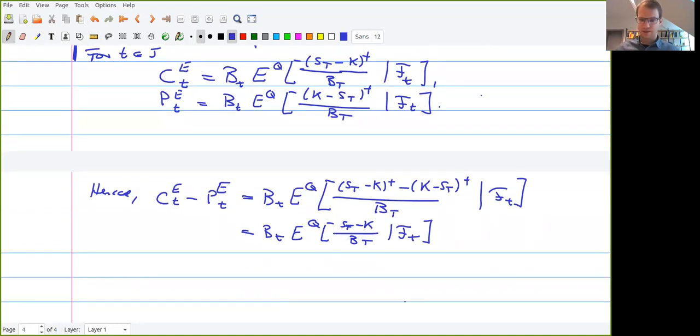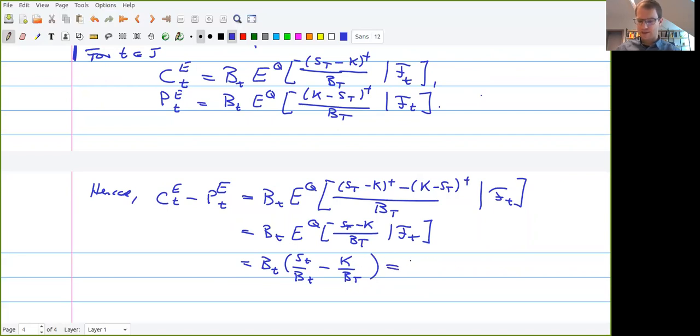Right, that's great. And now we are basically done. I use that the discounted price process is a martingale under Q, so I get the martingale property here, and K divided by B_T is a deterministic process, so this is just what it is.